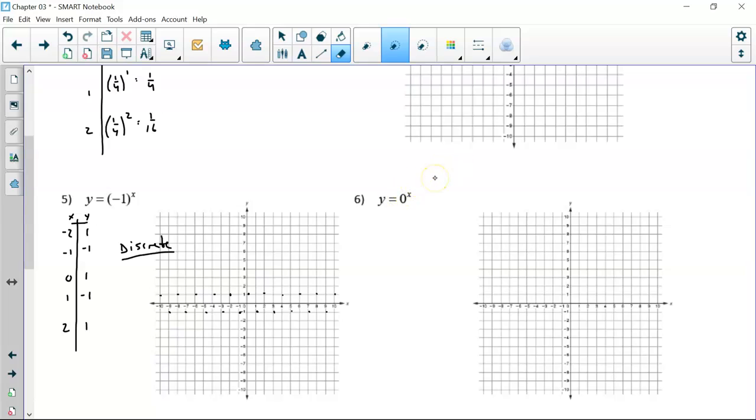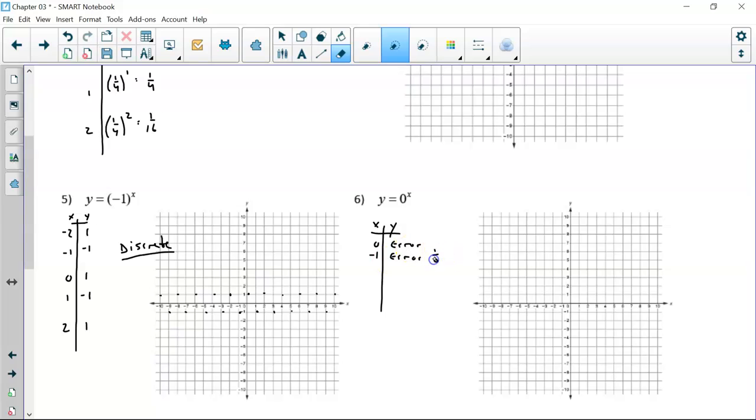0 to the x. Now, we can't have 0 to the 0. You're going to get an error. It doesn't exist for our purposes. And 0 to the negative first, it's a little out of order, is also going to give you an error. You can't raise it to the negative first power because that's reciprocal.